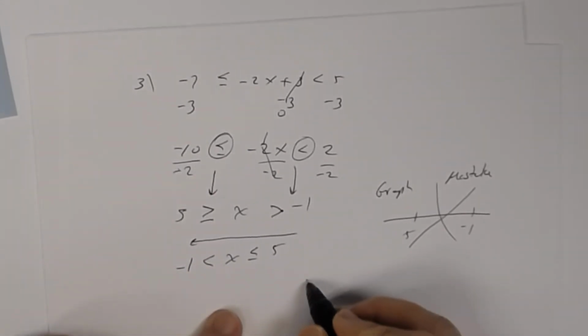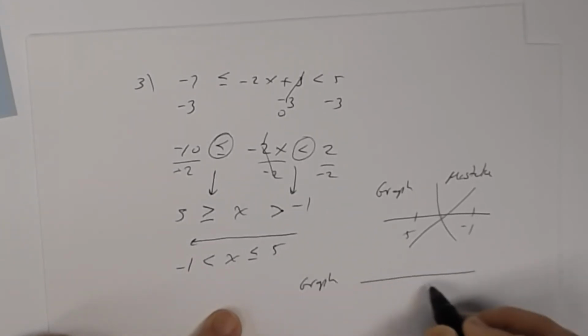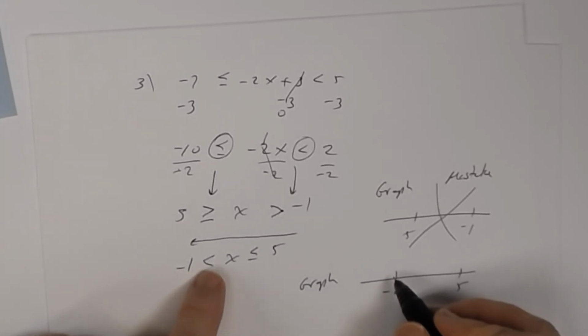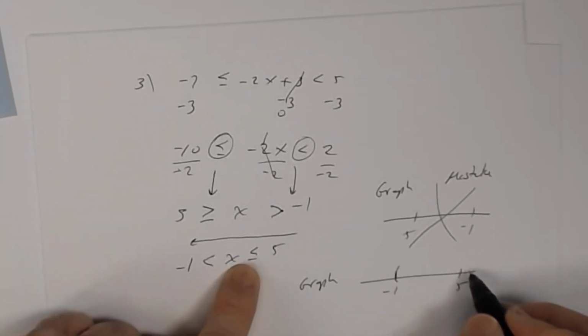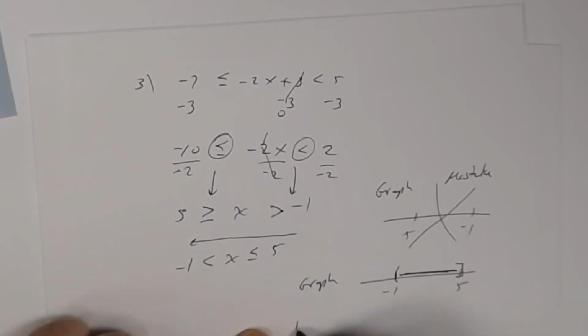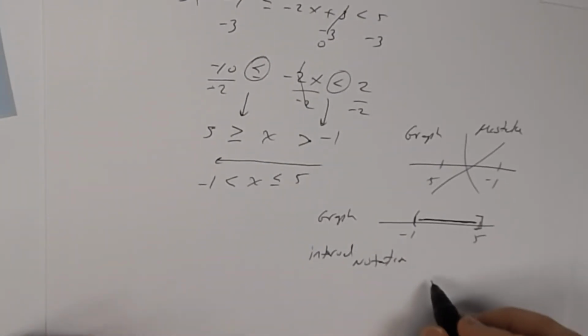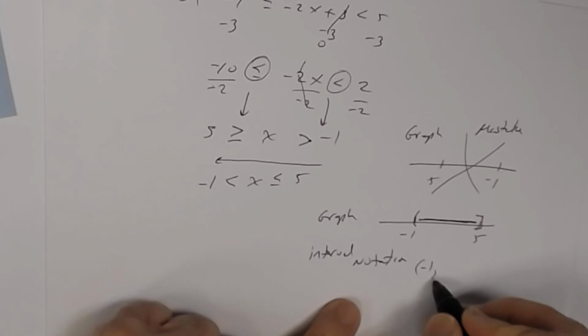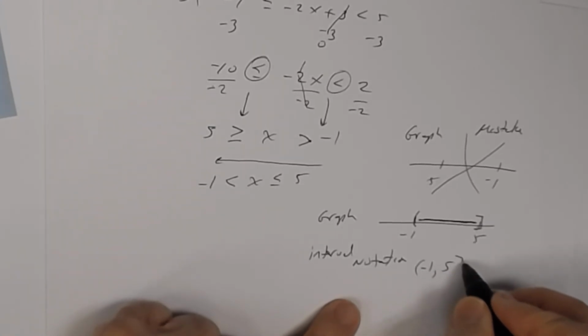And so then the graph will look like this now, -1, 5, no equal sign, parentheses; equal sign, bracket, and then shade in. And so your interval notation will be parentheses -1, comma, all the way to 5 bracket.